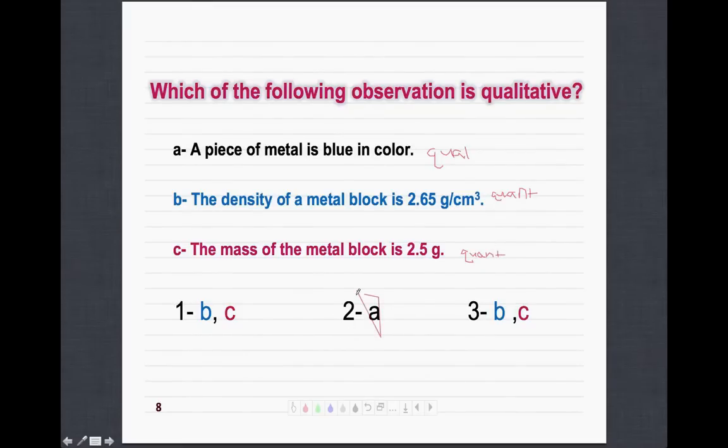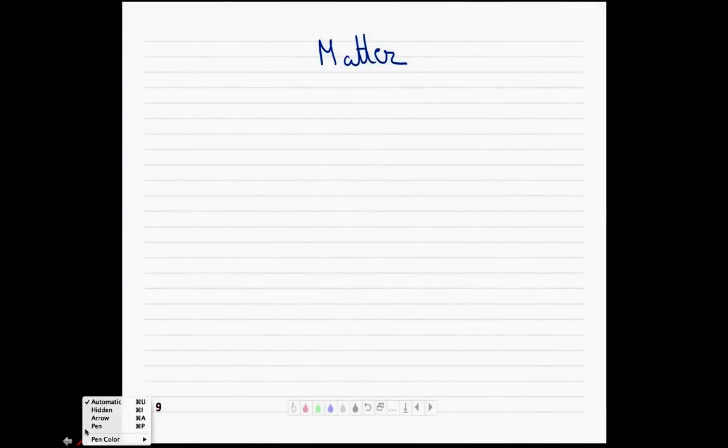Now, we're gonna begin classifying matter. So the matter in this universe, on this earth, can be either a mixture or a pure matter. It's either a mixture or pure.